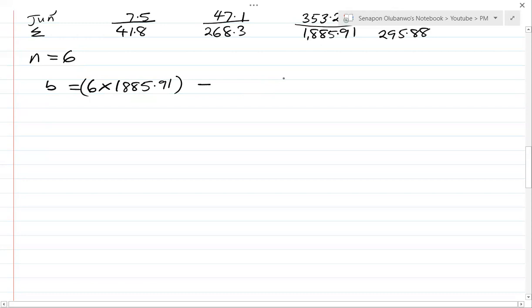Then minus summation X, which is 41.8, multiplied by summation Y, which is 268.3.